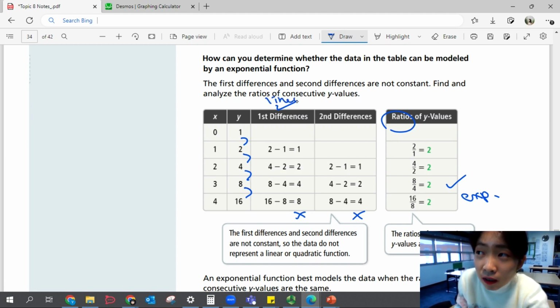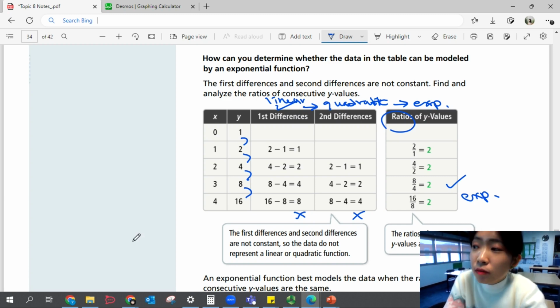First, check if it's linear, then check if it's quadratic, and then check if it's exponential. That's the order. It's not exactly the order that we learned, but this is the order that you should use to check which function the data set is best for.